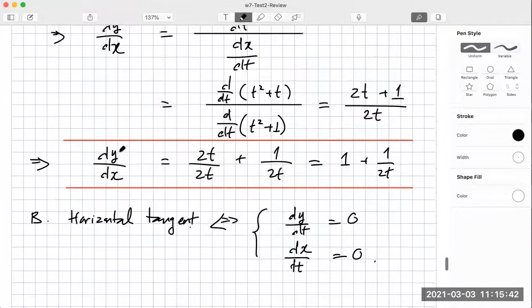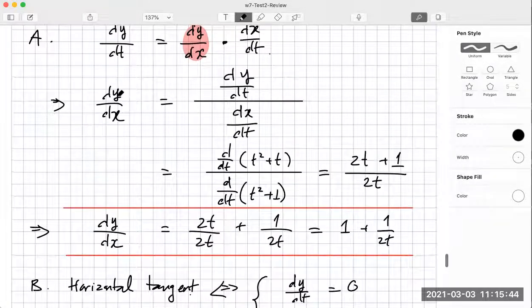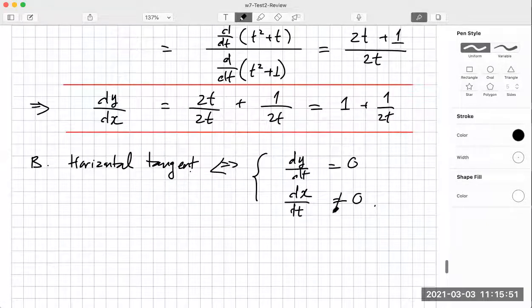Horizontal tangent means dy over dx should be 0, which is the same as this fraction being equal to 0. That is why we have these two conditions.